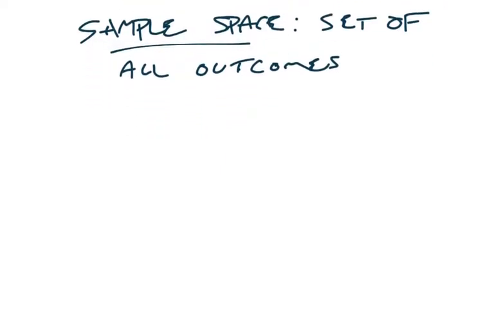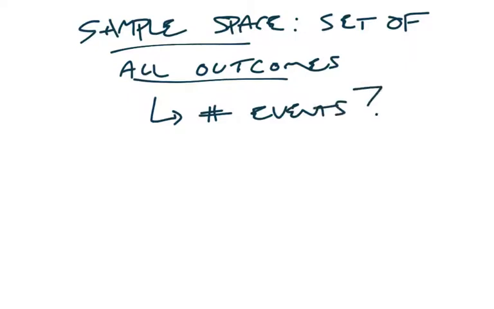Well, the first thing I want to do is ask a question. How many are there in this set of all outcomes? Right, so what's the number of events possible? And here we want to go back to our combinatorics work because we're trying to count something, right? Whenever you ask about the number of something, you're trying to count it.